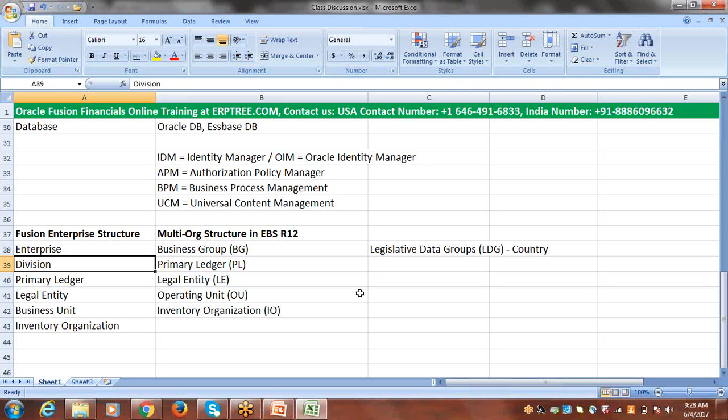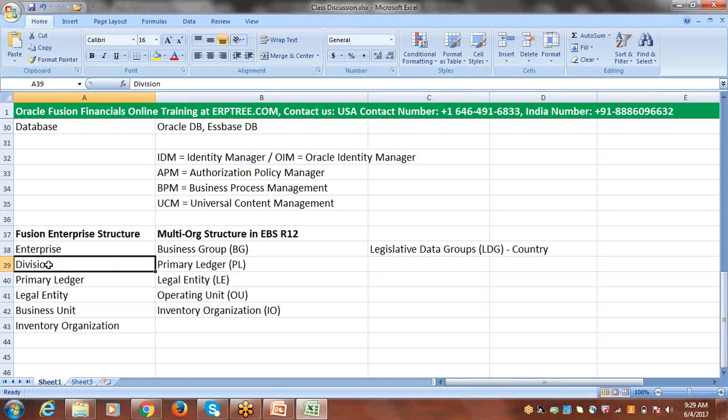If you want to generate any reports at division level, say we are creating the Fusion enterprise structure and want to go with division also as a part of it, I'm not talking about the chart of accounts structure, in the enterprise structure, yes, we can create a division concept. This is a standard hierarchy: top level enterprise, under it the division, under division the primary ledger, under primary ledger the legal entity. This is how it goes.